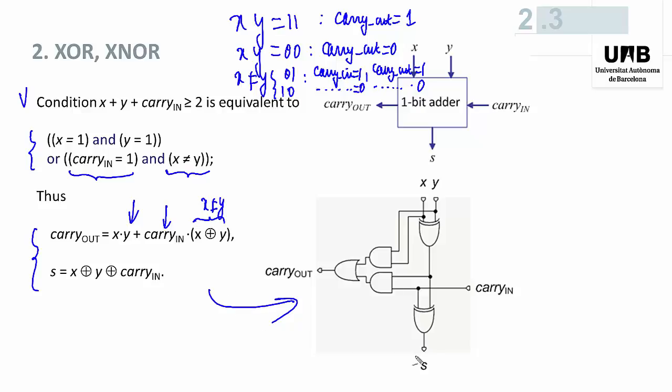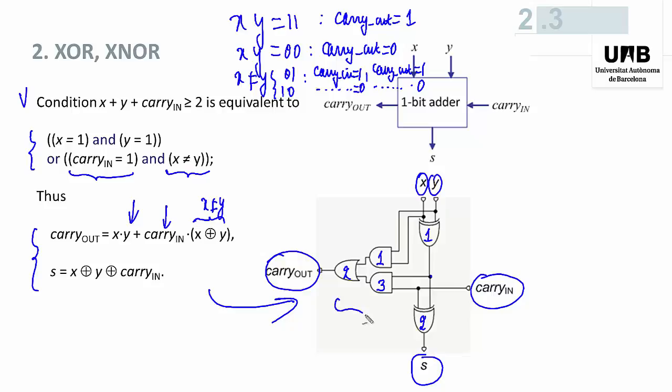Observe that S is the XOR function of x, y, and carry in. Those two XOR gates implement the 3-input XOR function, and the output carry is equal to x times y plus the XOR function of x and y multiplied by carry in.